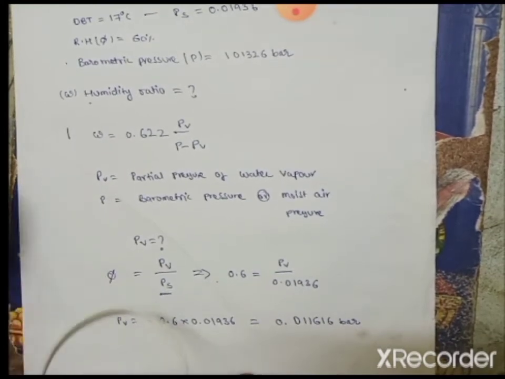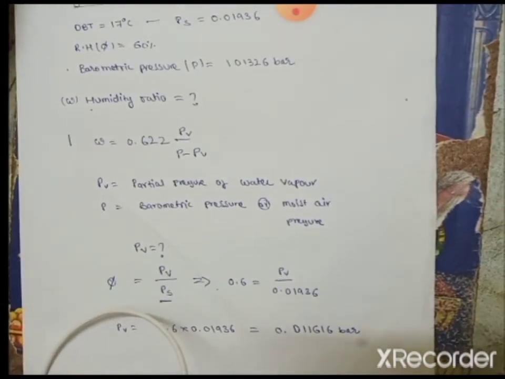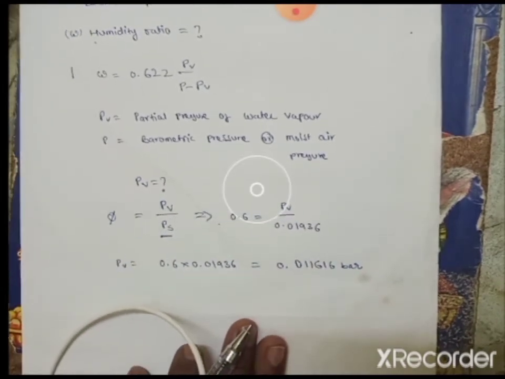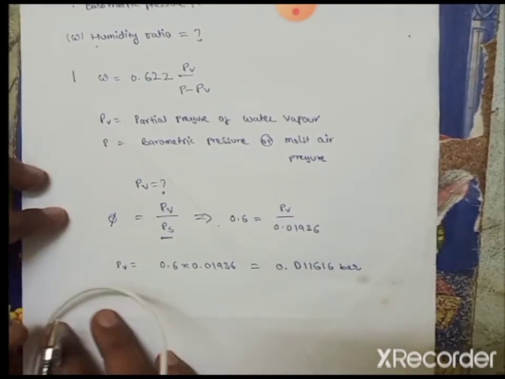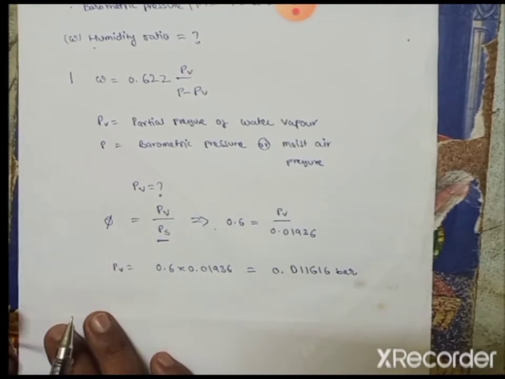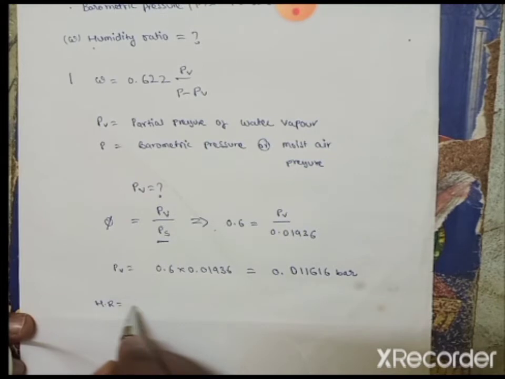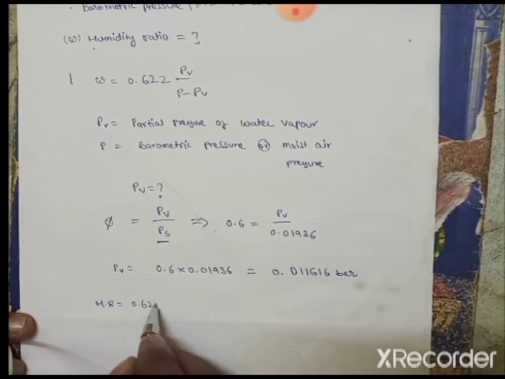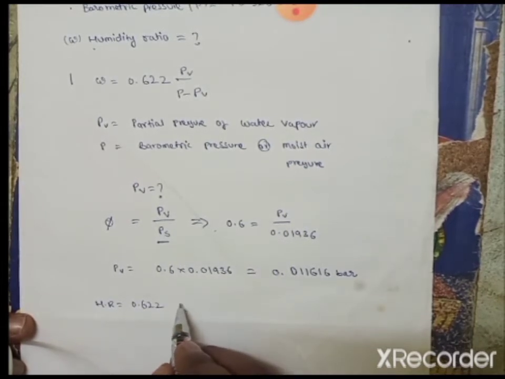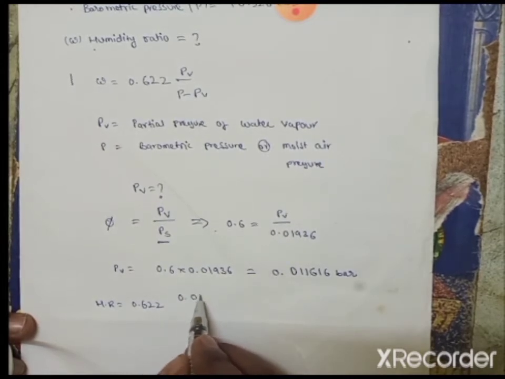Now what is the specific humidity ratio? What is the humidity ratio or specific humidity? The humidity ratio is equal to 0.622 times the PV value. What is the PV value? PV value is equal to 0.011616.